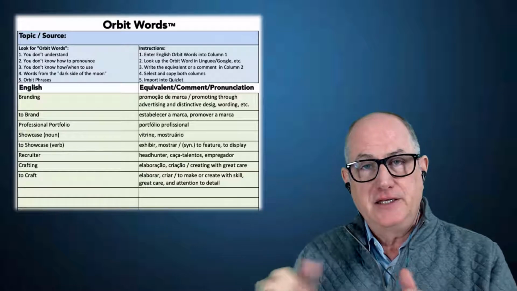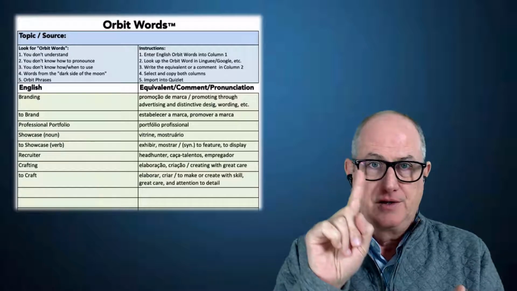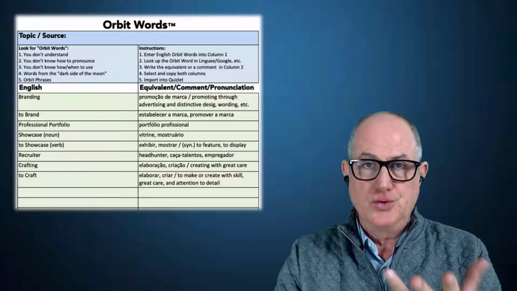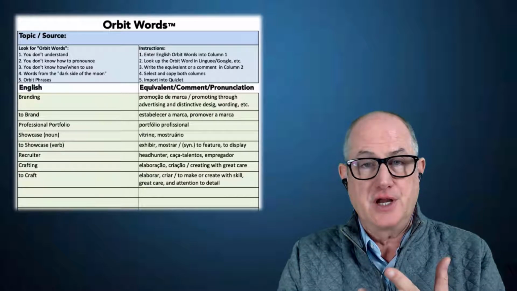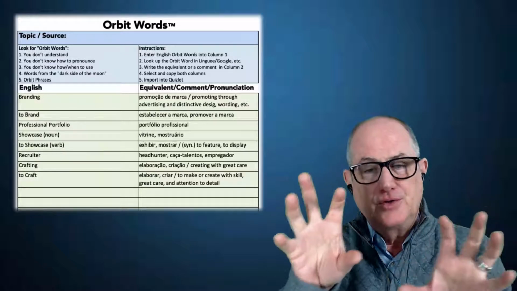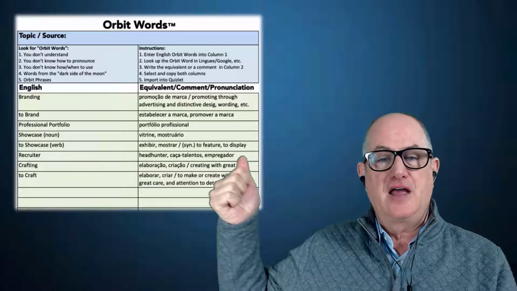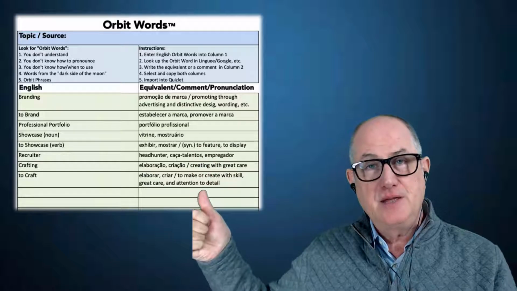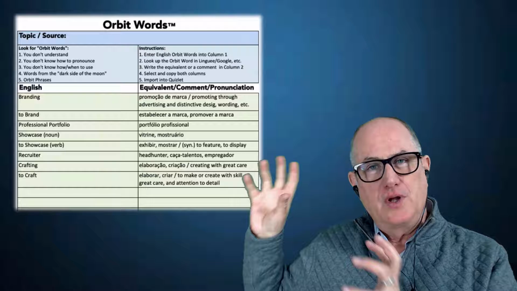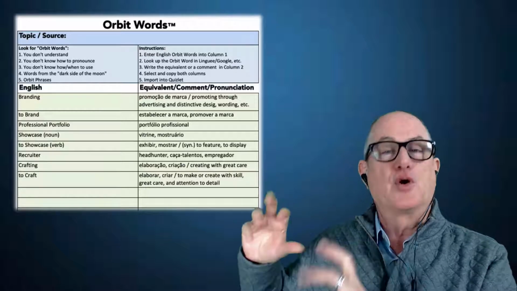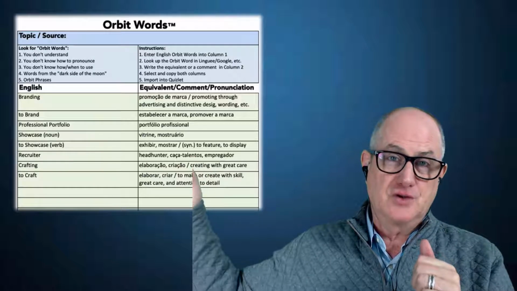I have gone and done the little exercise that I just showed you of visiting those sites. And out of those, I found a number of equivalents, I found some synonyms, and I found some definitions, little things that will help me forever remember the meaning of the word that's over here in the left-hand column.